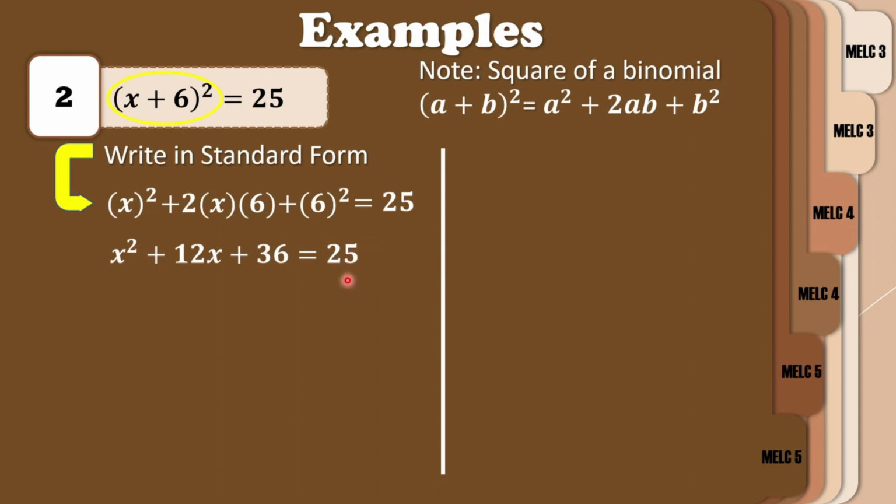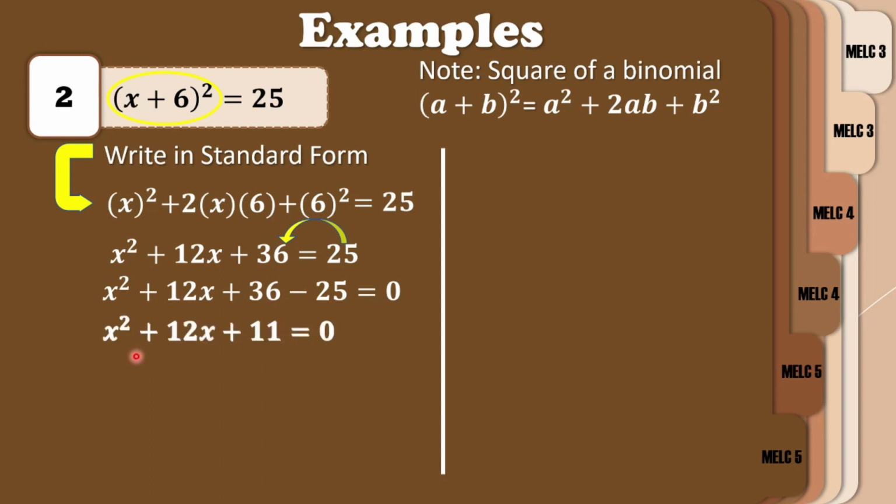So, by transposing 25 to the left side of the equation, so positive, it will become negative 25. Then, solve this. Then, combine like terms, which is 36 minus 25. That is x squared plus 12x plus 11 is equal to 0. So, nakuha na natin yung standard form ng ating equation. We're going to factor this quadratic equation.